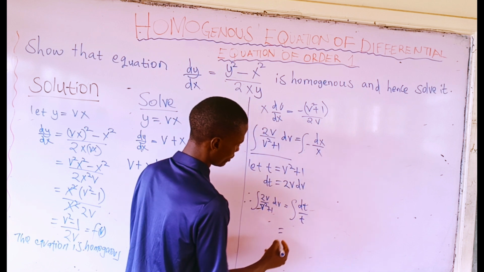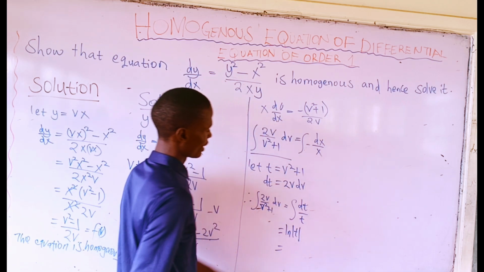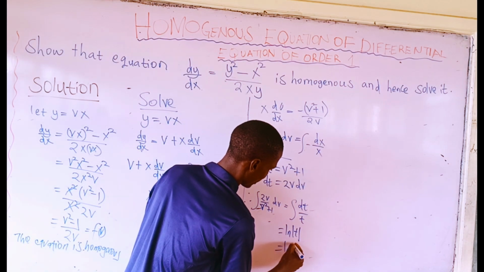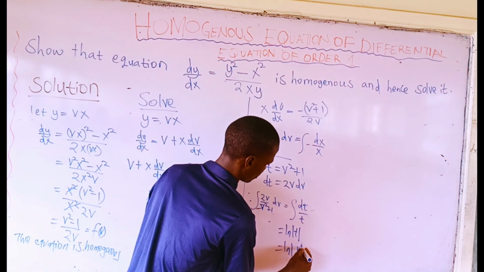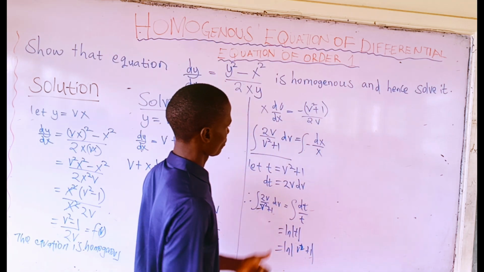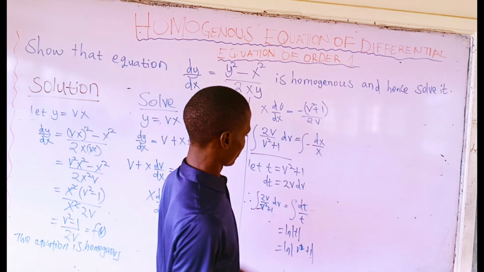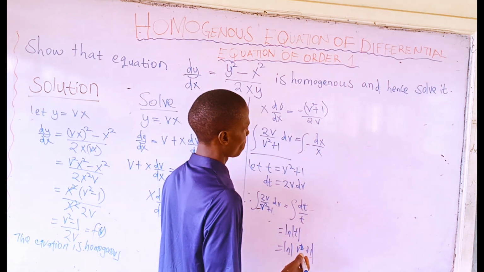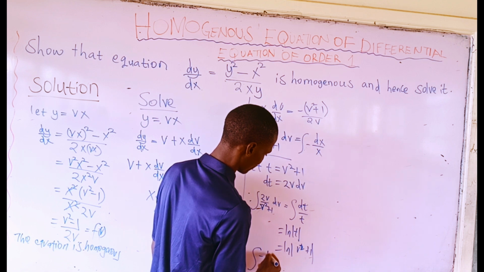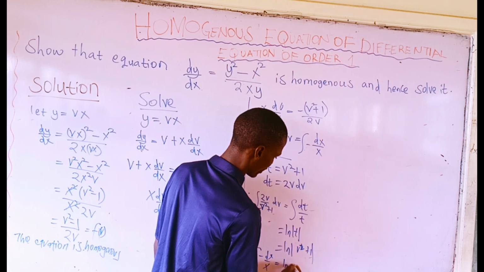This is going to give you ln t. And you recall that t is the same as v squared plus 1. So this will give you ln of v squared plus 1. And the integration of negative dx over x is the same as negative ln of x.